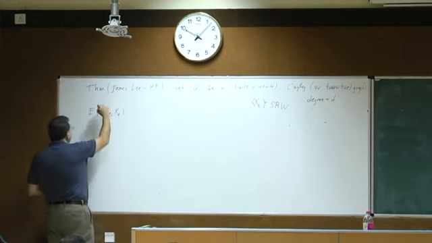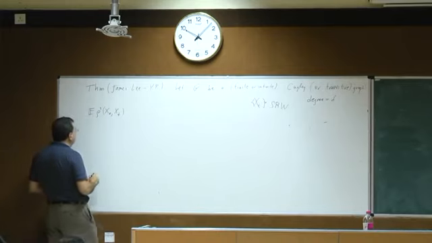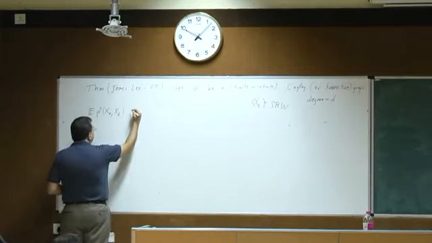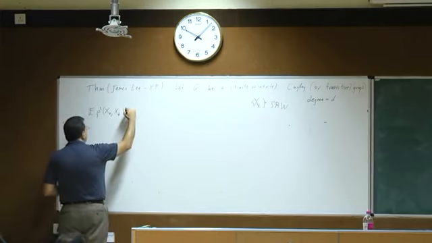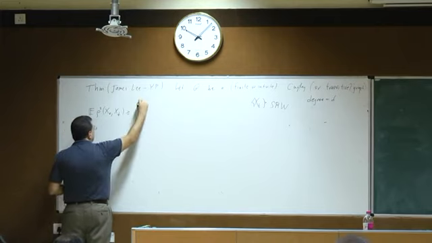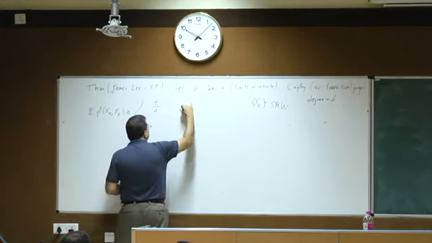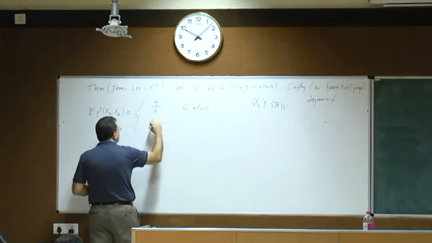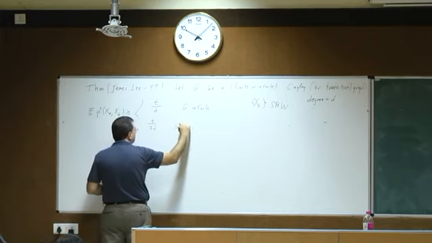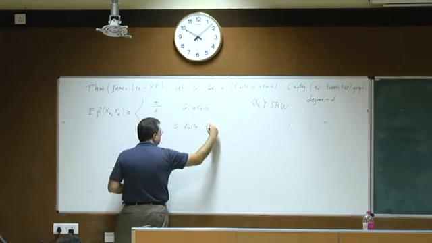We need to look at the expected distance squared. And we want to say something about this. So expected distance squared is at least t over d, if G is infinite. If G is finite, I need a condition: t is at most t_rel.